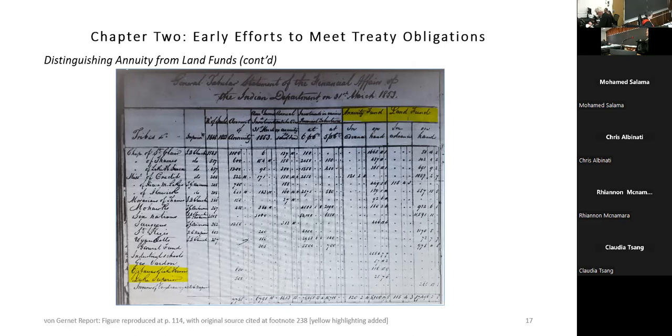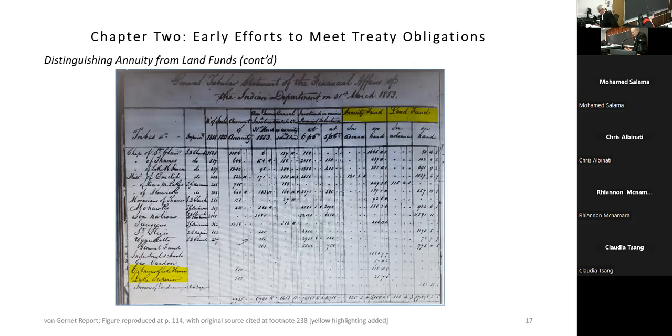So on slide 17, this is difficult to read, and that's by no means your fault. It's no doubt a very old record. I think the reproduction in the slide might even be better than the one in the report. Can you explain to us what this shows us?